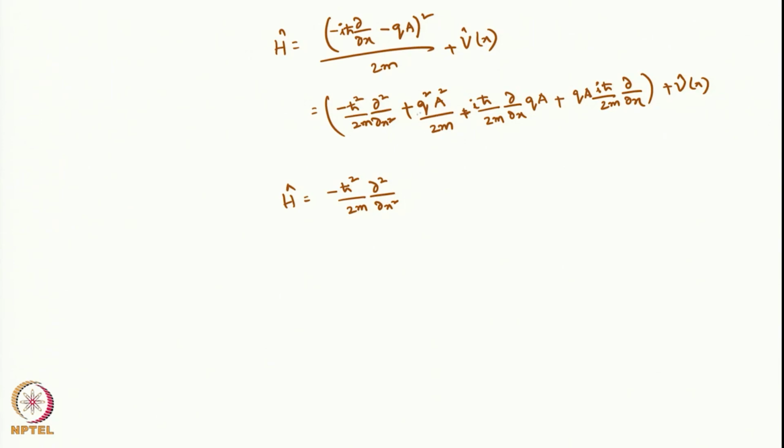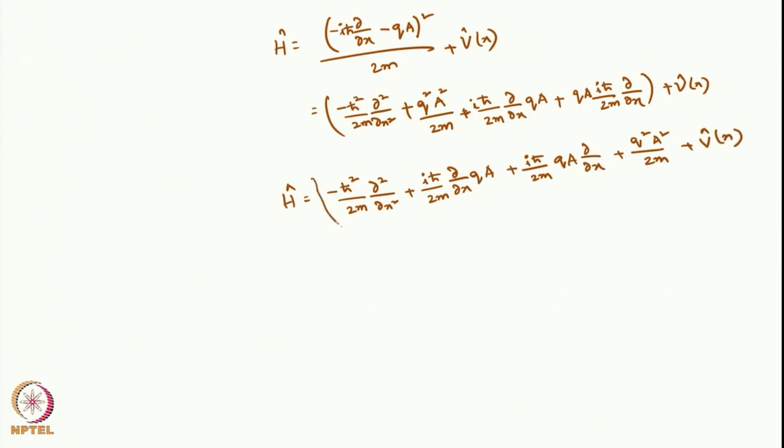So this is q square by a square, this will be plus ih bar by 2m, let us say, d by dx of QA plus ih bar by 2m QA d by dx plus q square a square by 2m plus V of x.